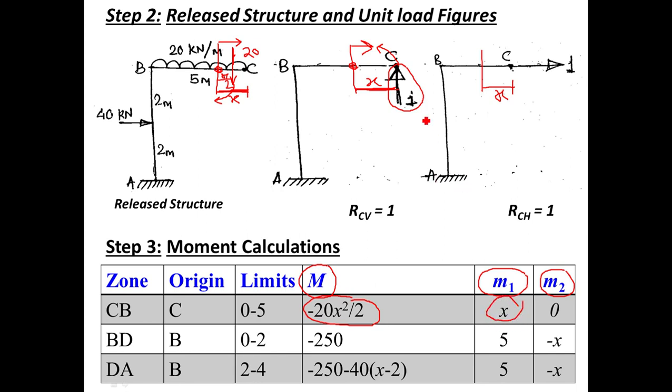Now if you look at the third figure, section in first zone, if you observe the right portion, there is a unit load, but that unit load is horizontal. We are taking moment at this point, and the unit load will pass through the same point, meaning the unit load is in the same line of action.